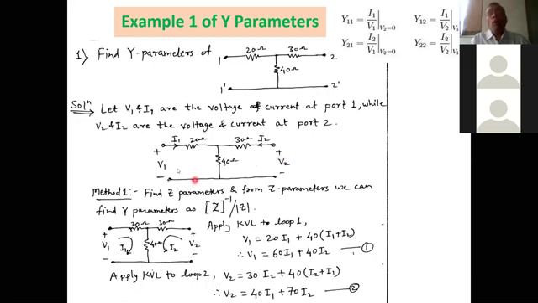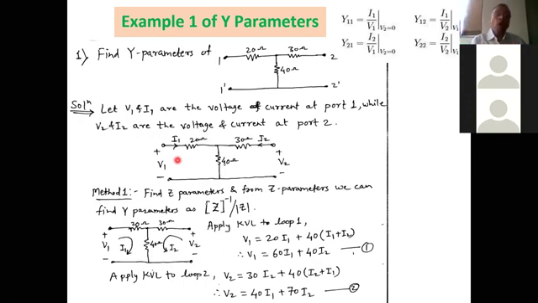In finding Z parameters, we were interested to express V1 and V2 in terms of I1 and I2. In order to find Y parameters, we want to express I1 and I2 in terms of V1 and V2.